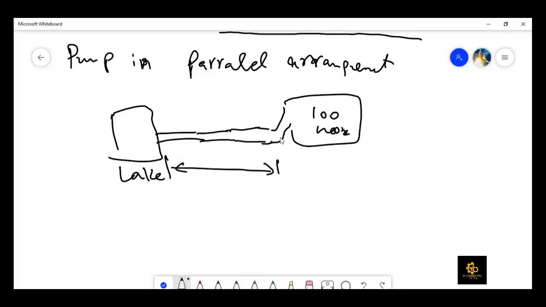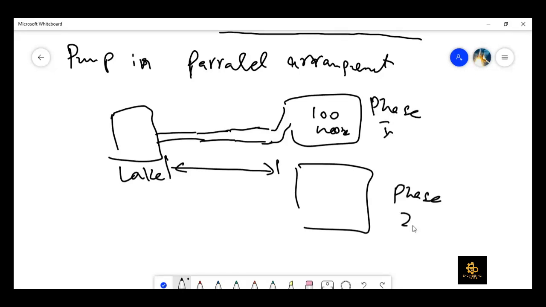Now, after some time, that society introduces a phase two here. So this was phase one, this is phase two. It also has 100 homes, so it means that now it needs to double its water supply. So what would they do?